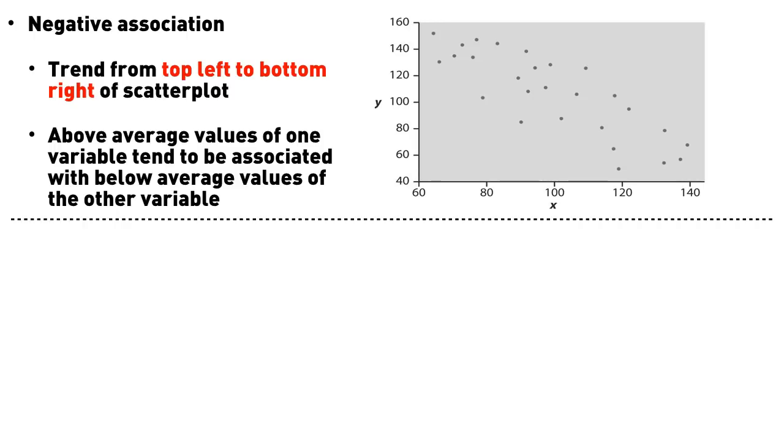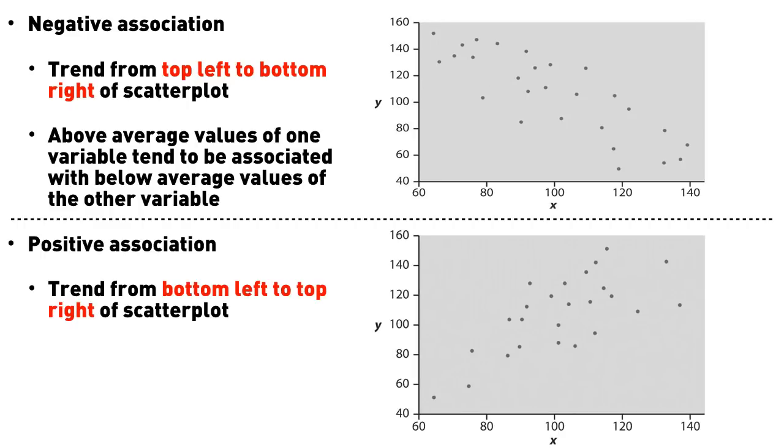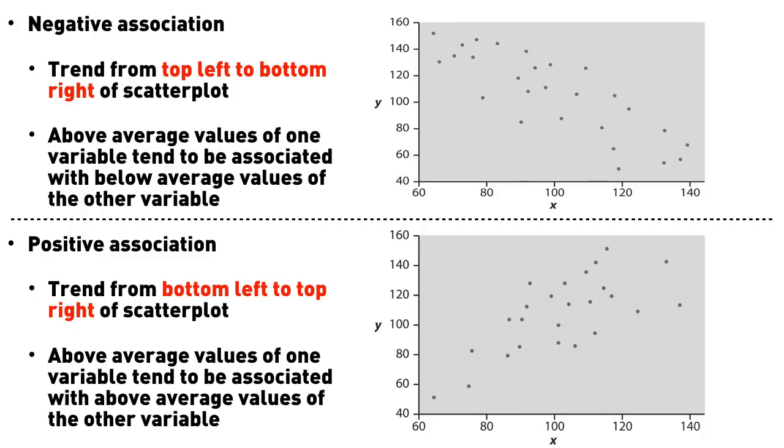Above average values of one variable tend to be associated with below average values on the other variable. As you increase on one variable, the other variable decreases. A positive association, on the other hand, shows data in a trend from the bottom left to the top right of the scatterplot. Above average values of one variable tend to be associated with above average values on the other variable.